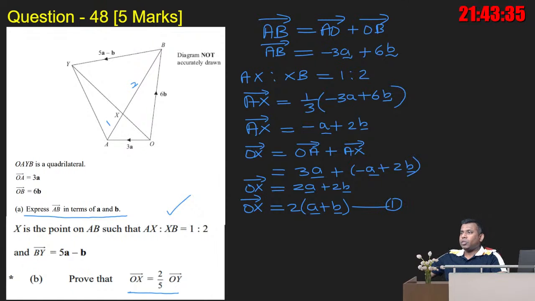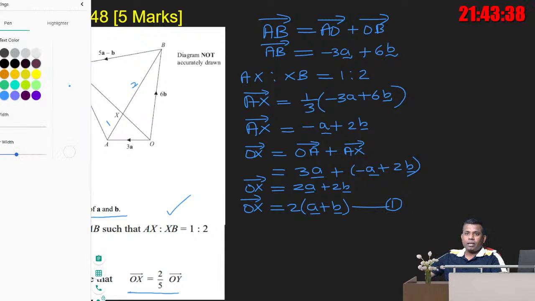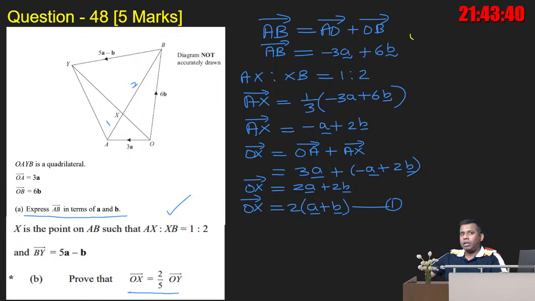Now OY. I'm just going to write in a different color to make the separation.